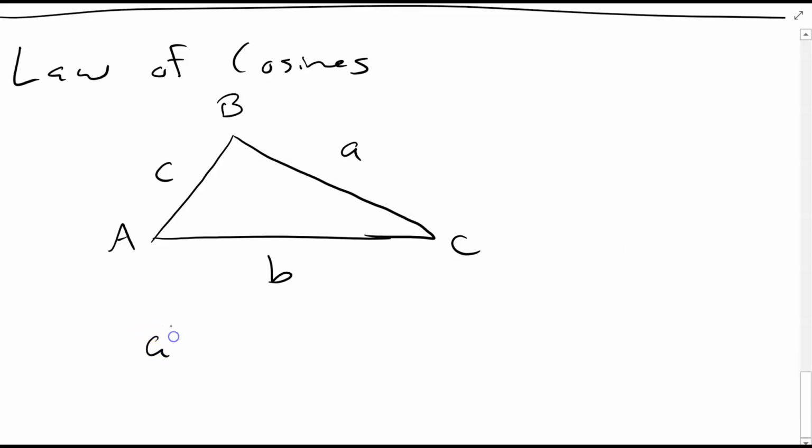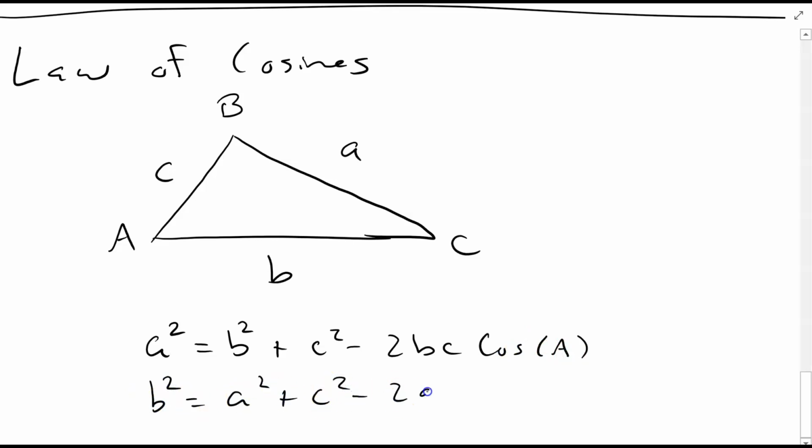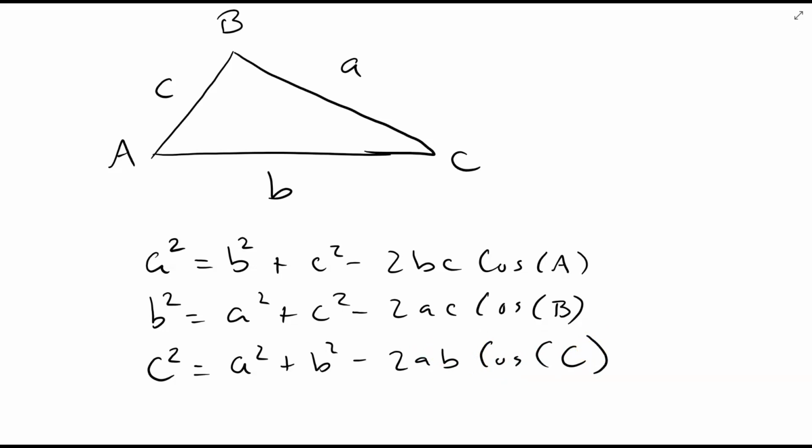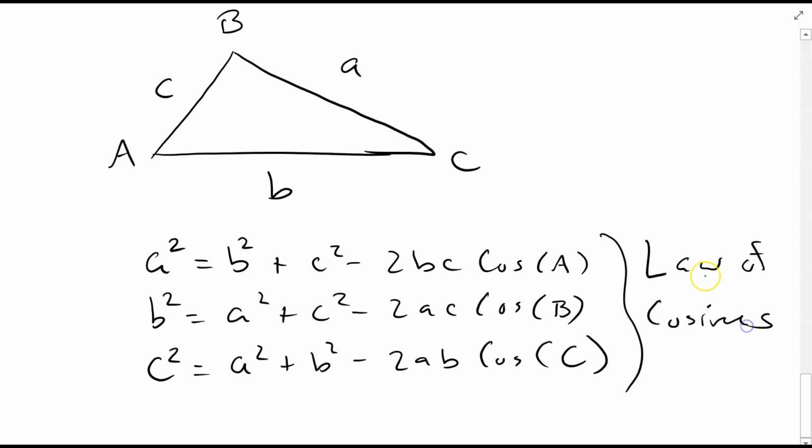So the law of cosines has three versions. If we look at the formula for the law of cosines, what does this look kind of like?